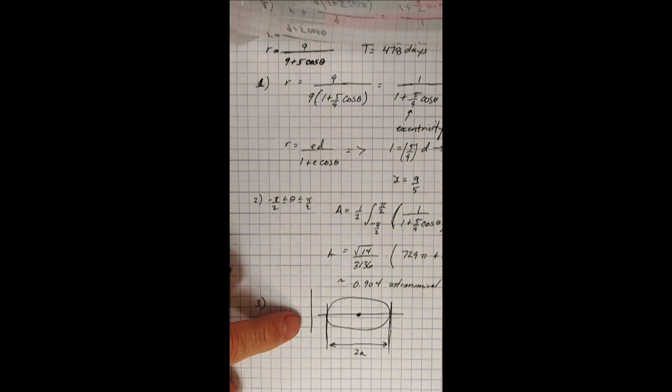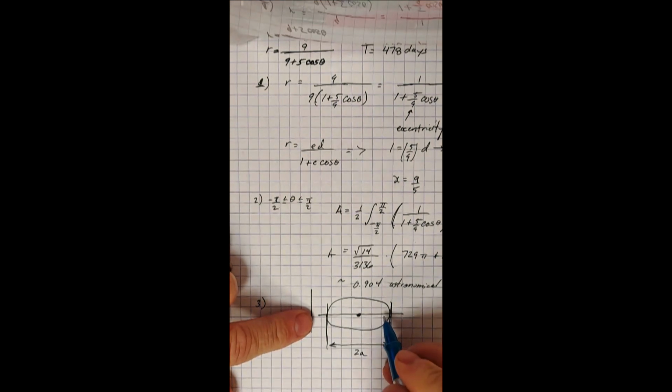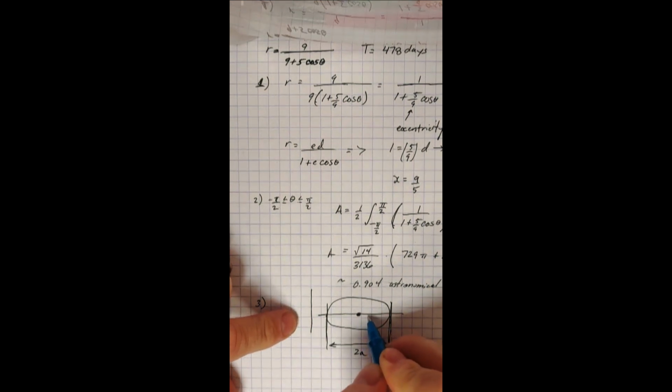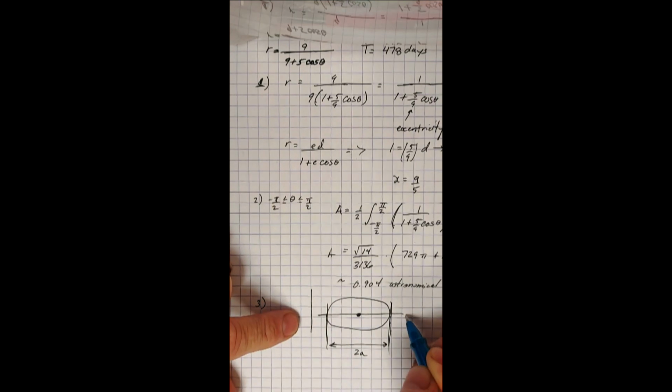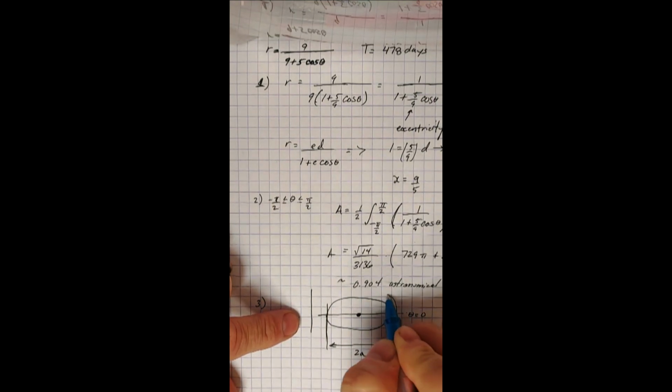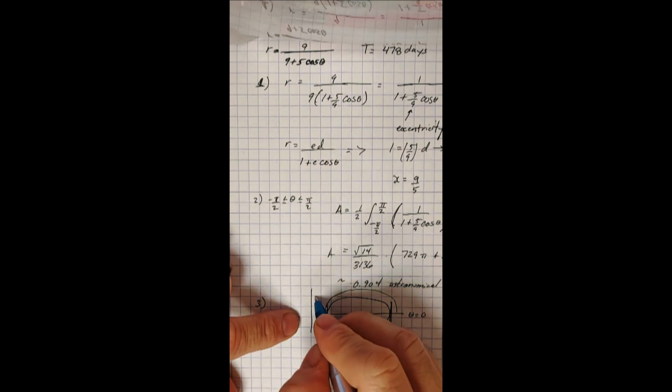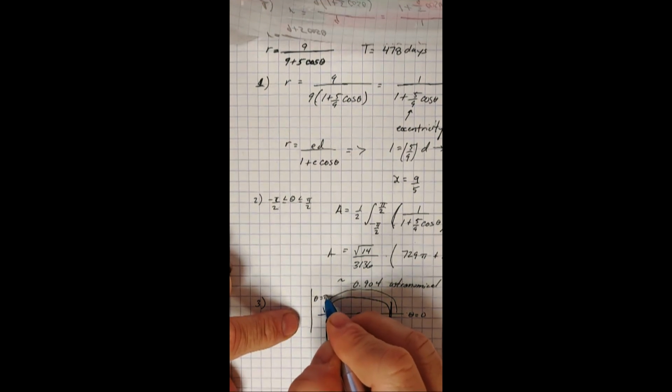And so what that's saying is that this length here is 2 times a. And so if you look, the hint is corresponding to, well, what is the angle of this value here? Well, this is along the angle that theta equals 0, and then its complete opposite direction here is when theta is equal to pi.